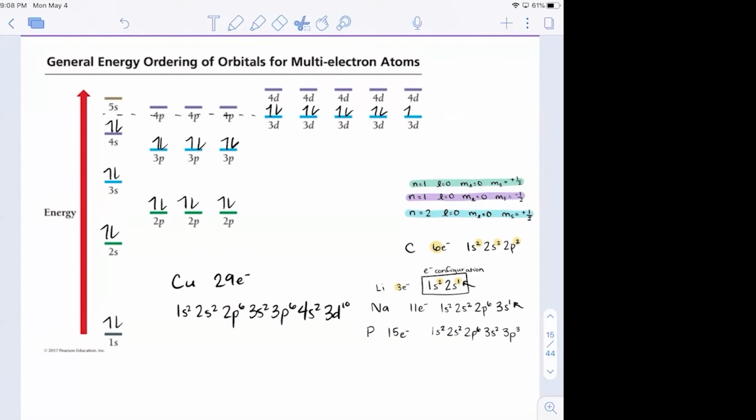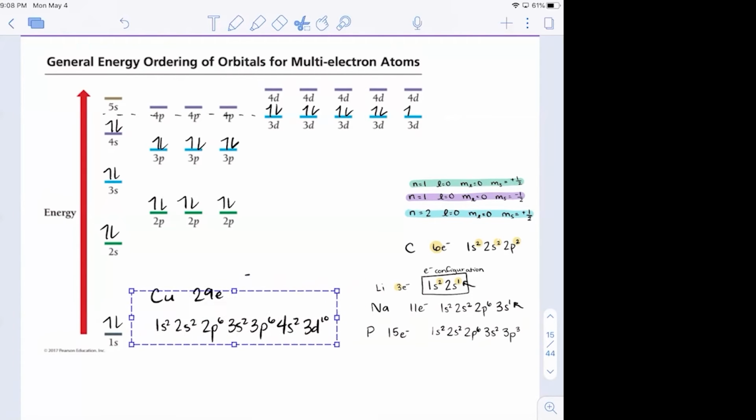Now here's the issue with sublevel splitting. It's the idea that yes, the 4s is lower in energy than the 3d, but this is not the actual electron configuration for copper.